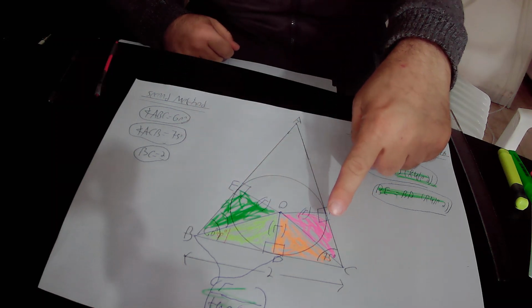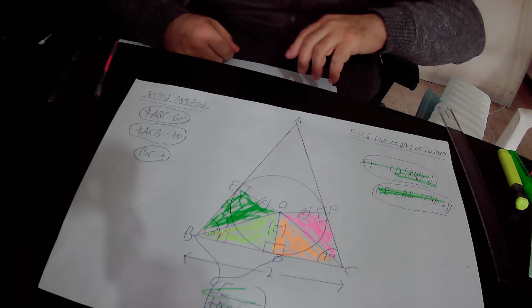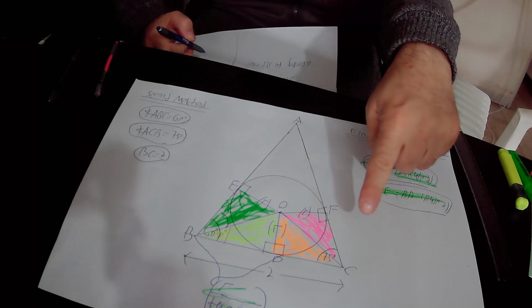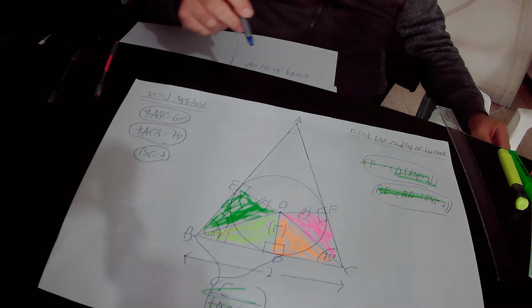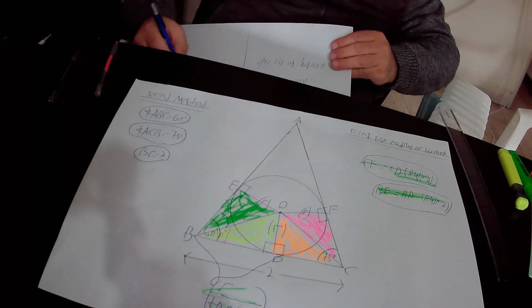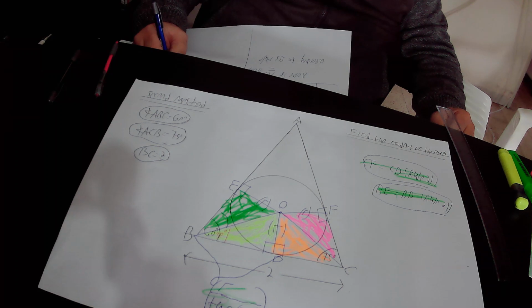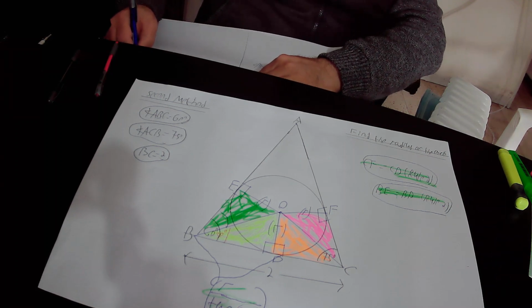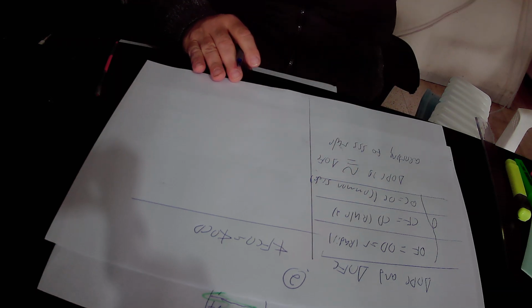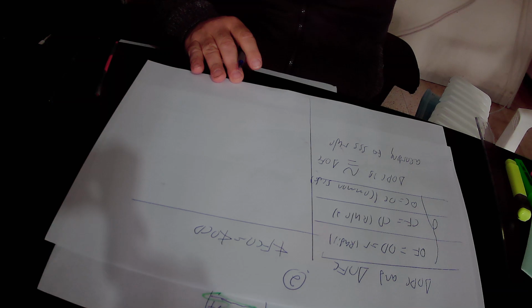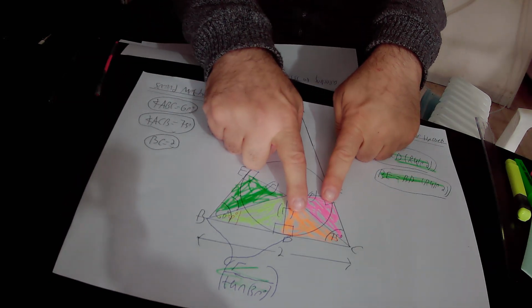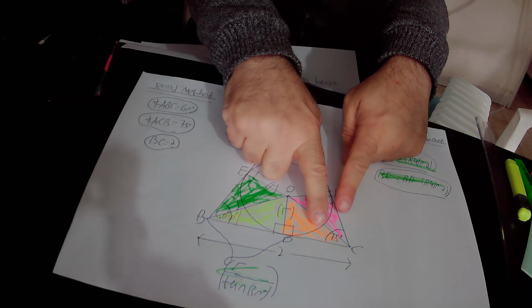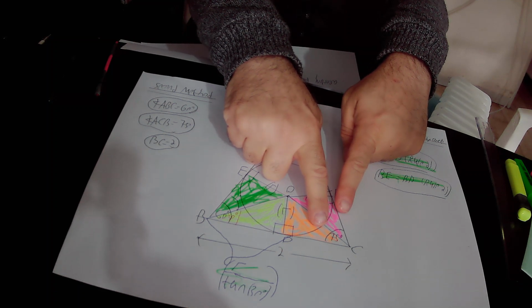So angle CFO in the pink triangle, angle FCO in the pink triangle, is equal to angle OCD in the orange triangle, according to the rule that corresponding angles in congruent triangles are equal to each other.